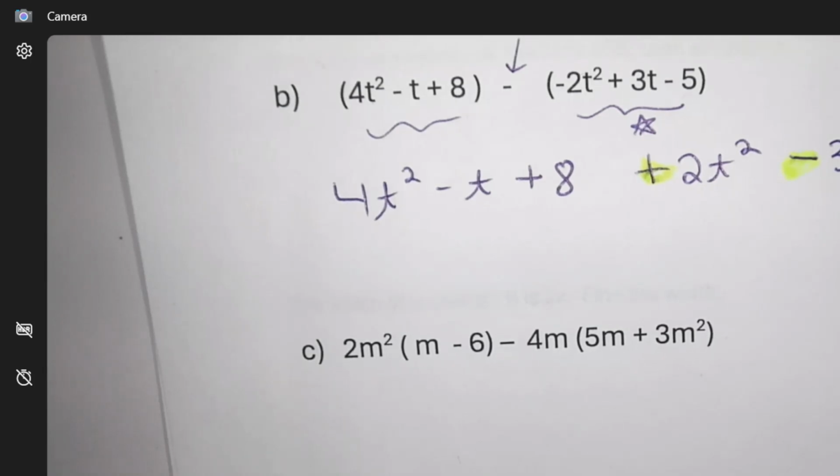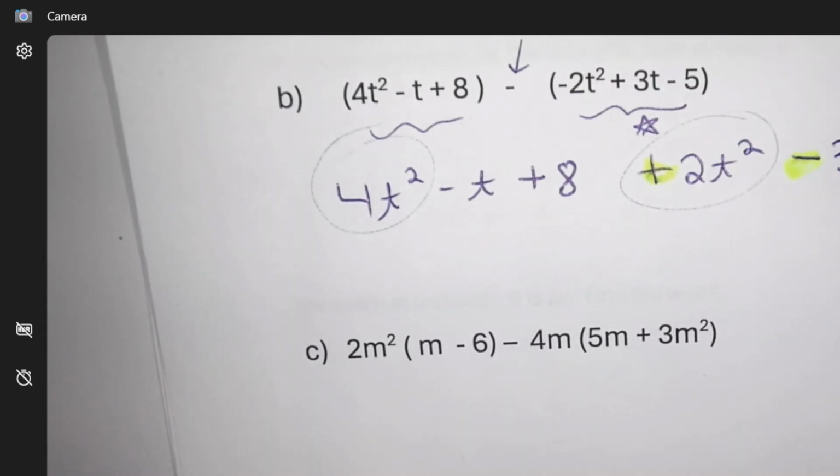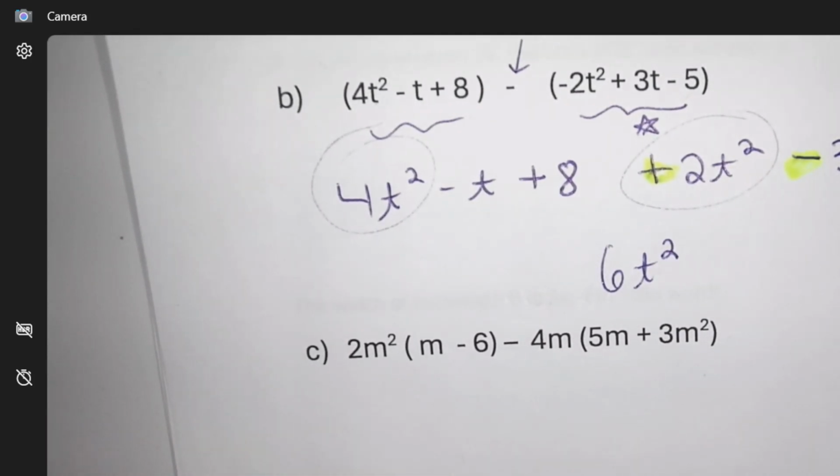You need to do this in a multiple step stage. So now I can collect stuff. So 4t squareds and 6t squareds. Okay. I'm making 6t squareds. Some people wrote 6t fourth. What do you think they accidentally did?